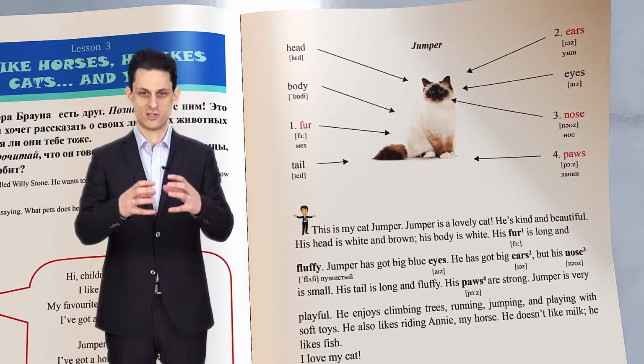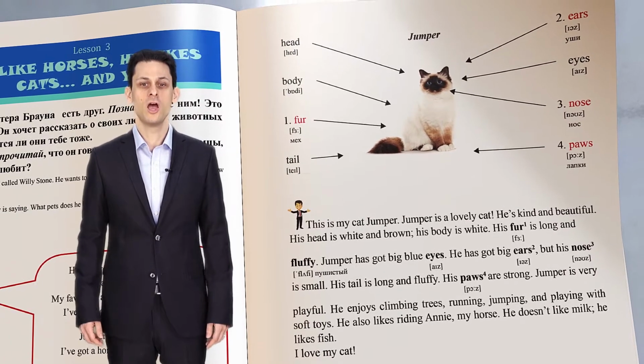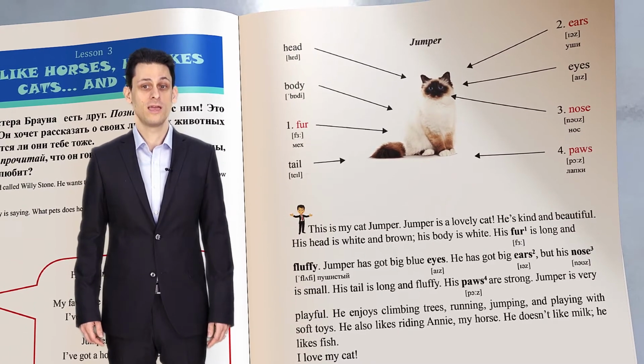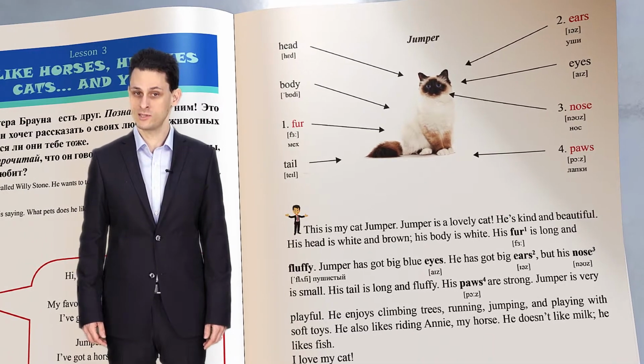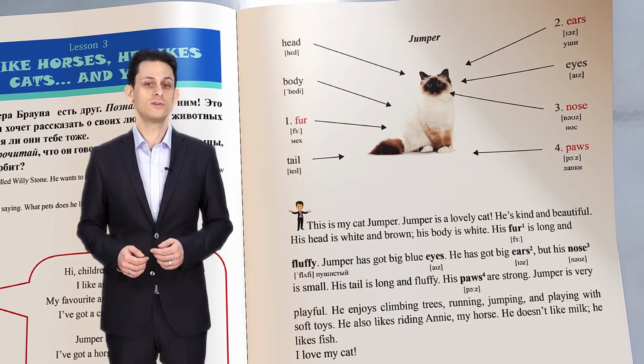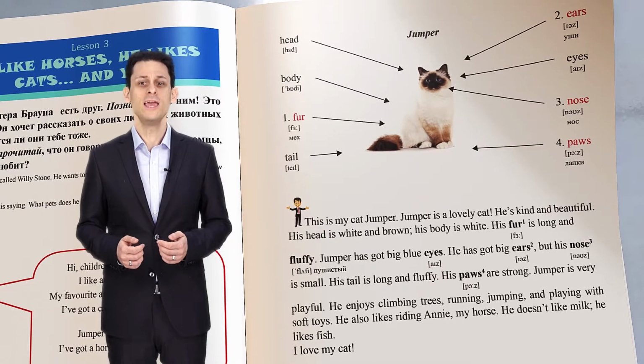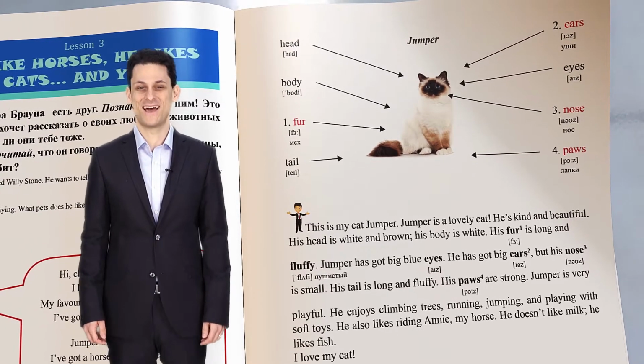His tail is long and fluffy. His paws are strong. Jumper is very playful. He enjoys playing with soft toys, climbing trees, running and jumping. He also likes riding Annie, my horse. He doesn't like milk. He likes fish. I love my cat.